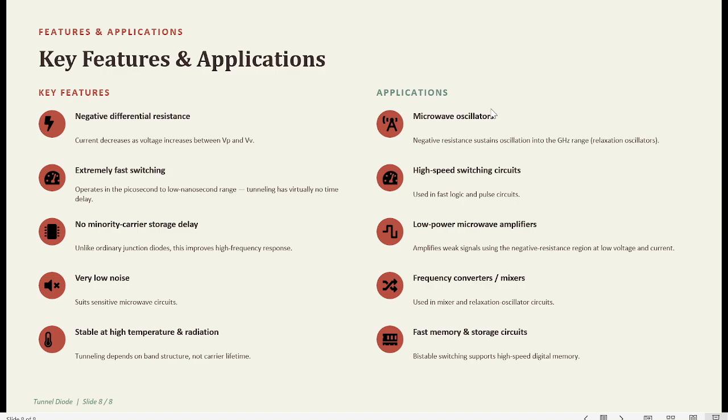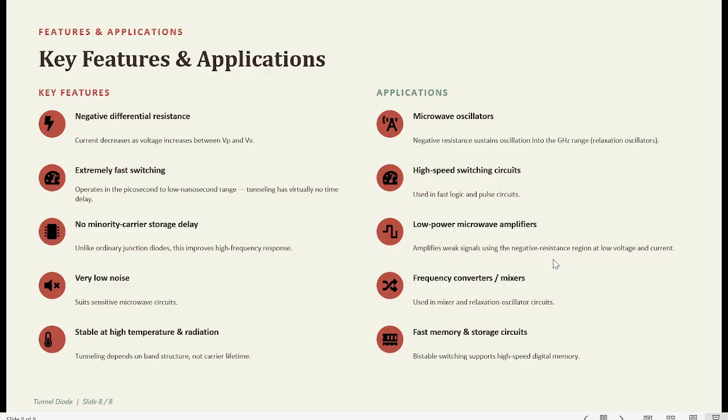Here again I have listed some of the applications. Tunnel diode can be used in microwave oscillators, in relaxation oscillators, that means non-sinusoidal oscillators, to generate non-sinusoidal waves like square waves, triangular waves, and other wave shapes. High speed switching, ultra fast logic and pulse circuits may also use this.